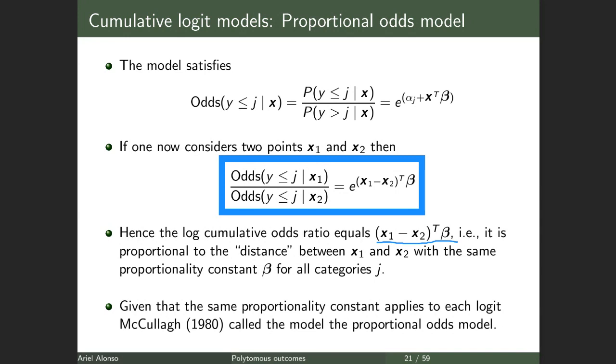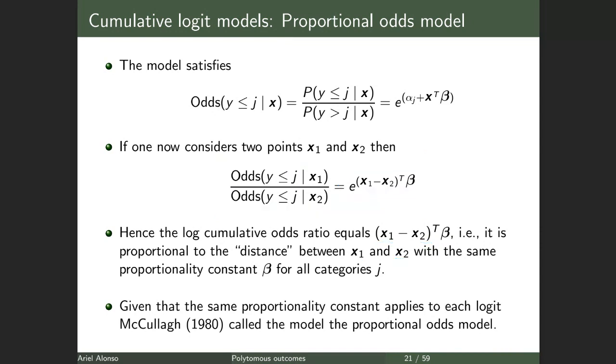And what you can see here is that the log of the cumulative odds ratio is actually proportional to the distance between x1 and x2. If you think about the difference between x1 and x2 as a distance between these two points, then the log of the cumulative odds ratio is proportional to the distance.